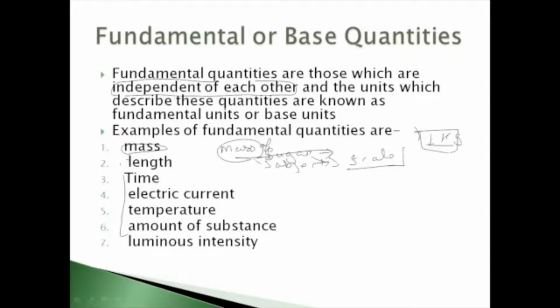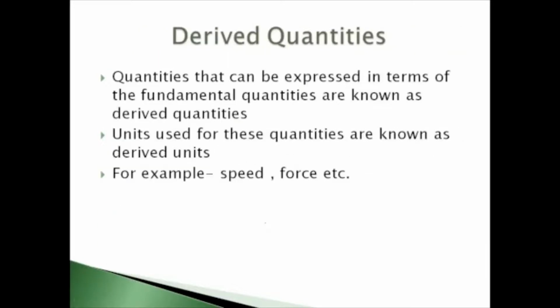And the units used to describe these fundamental quantities are known as fundamental units or base units. There are 7 fundamental quantities which are mass, length, time, electric current, temperature, amount of substance and luminous intensity. Now, the question arises, what are derived quantities? These are quantities which can be expressed in terms of fundamental quantities.